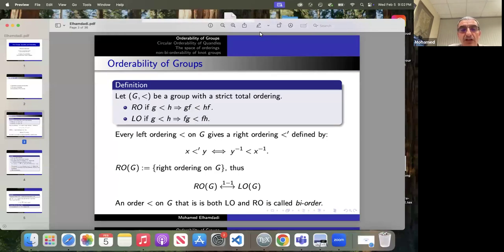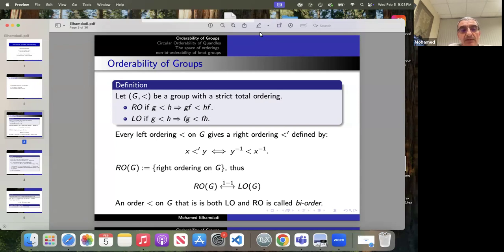Okay, these definitions are clear, and I assume everyone knows them. If you start with a group and consider an order on it, then the group is said to be right orderable if the order is preserved by right multiplication.